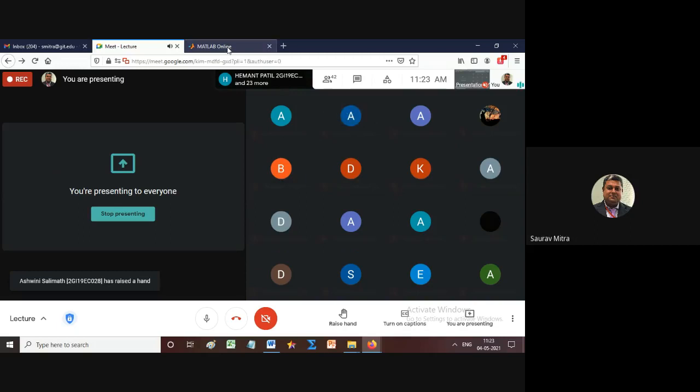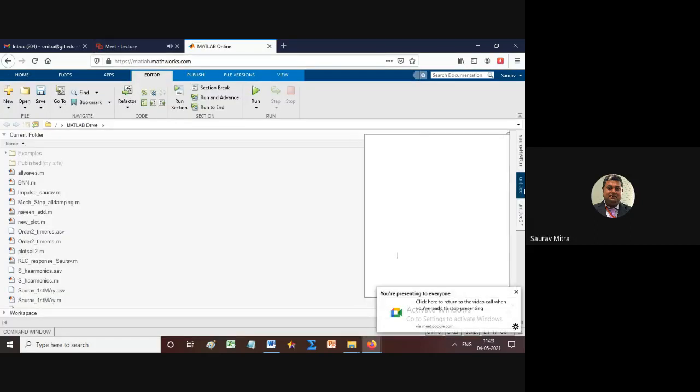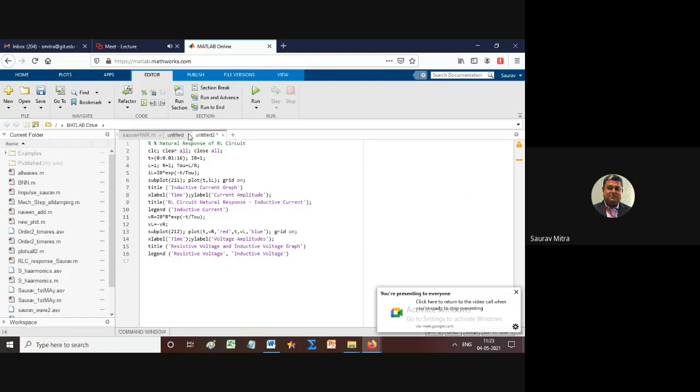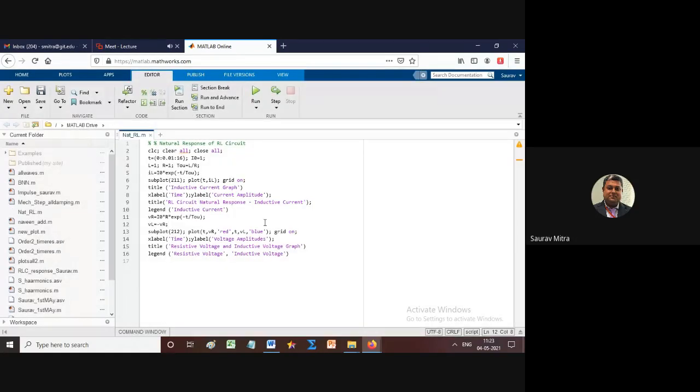This is untitled. I will remove the half wave rectifier code. Now saving, I will save it as nat RL. Okay, I'll save it as nat RL.